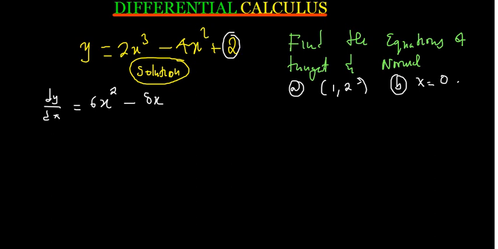And for a constant, every time you differentiate a constant you always get 0, so that one will not even show.